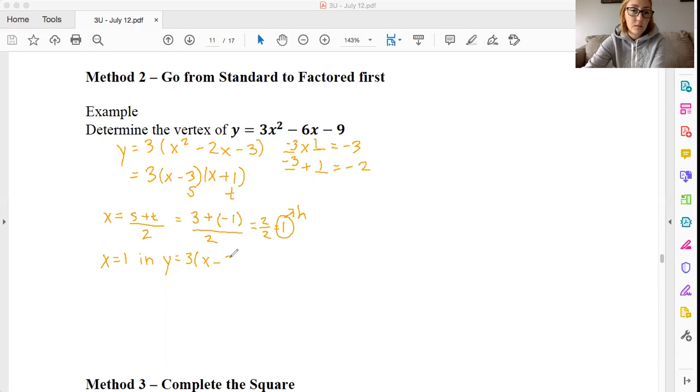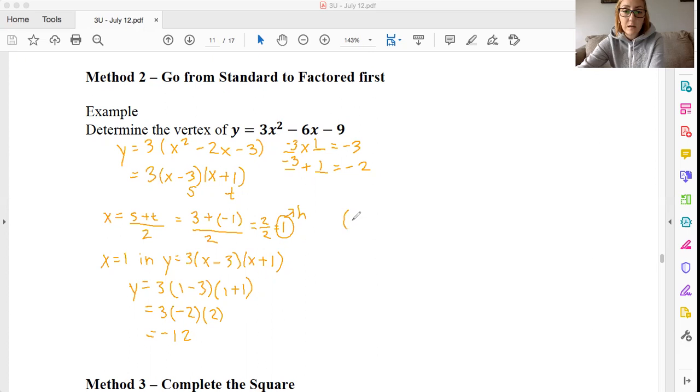I'm going to use the factored form because I find it a little bit easier. So you're going to replace x with 1 inside of our equation to find our k value. So 1 minus 3, 1 plus 1. Getting kind of low here on my tablet. So 1 minus 3 is -2, and then +2, which gives us -12.